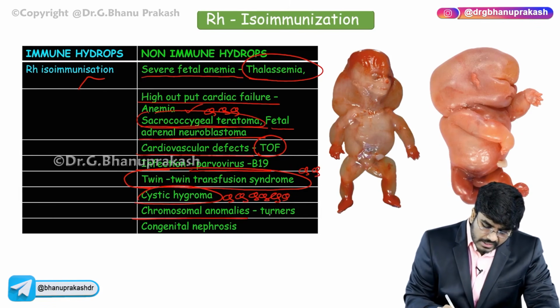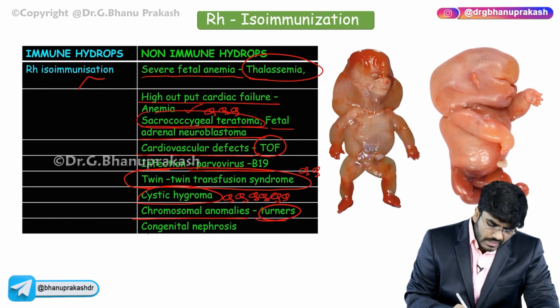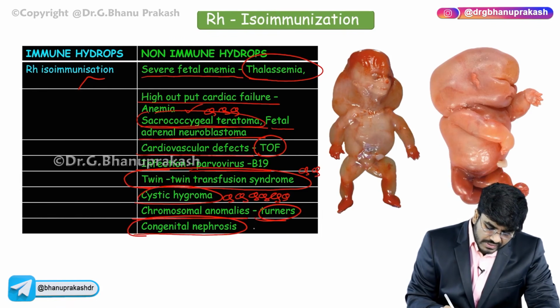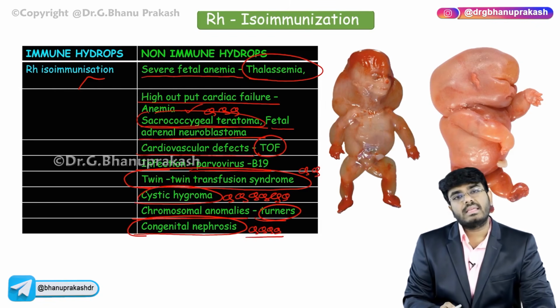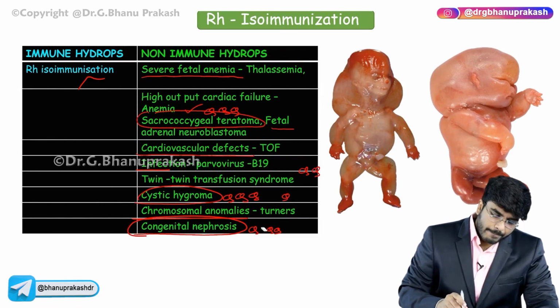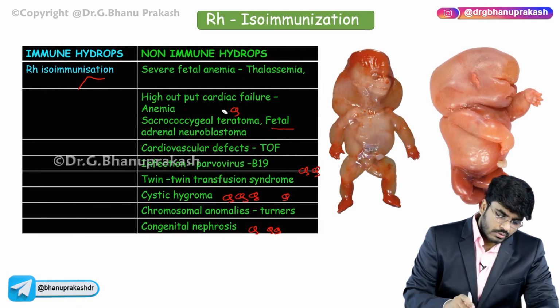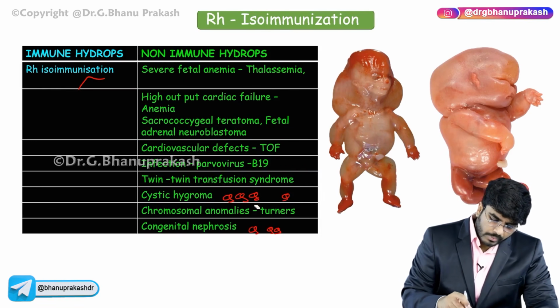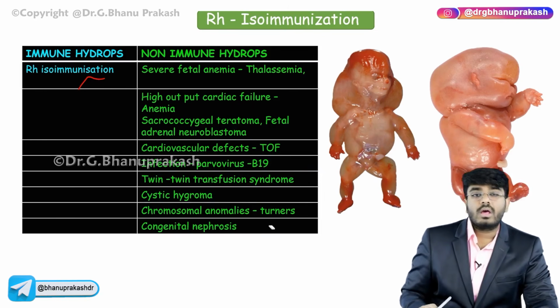And chromosomal anomalies like Turner syndrome, and congenital nephrosis, if the kidneys are having a problem, that can also lead to non-immune Hydrops.